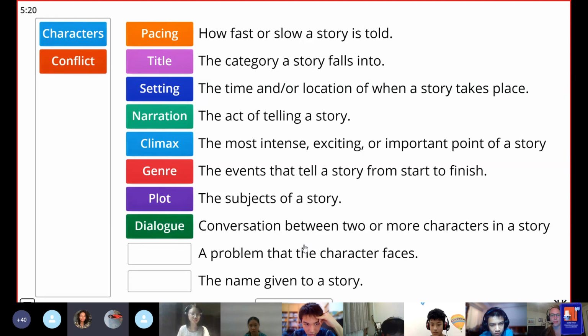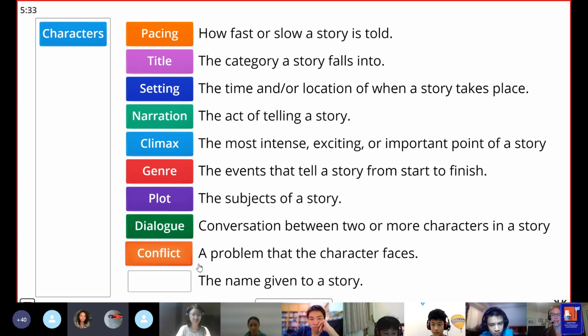Okay, a problem that the character faces. Esther, what do you think? Conflict. Conflict. Okay. And the name given to a story. Does characters match this one? Yes or no?